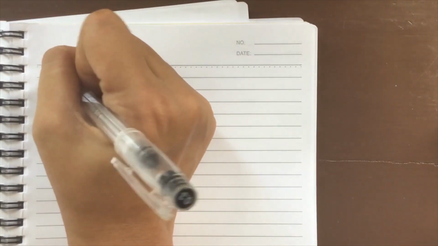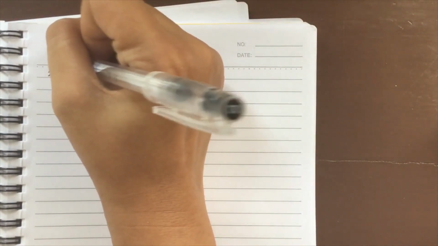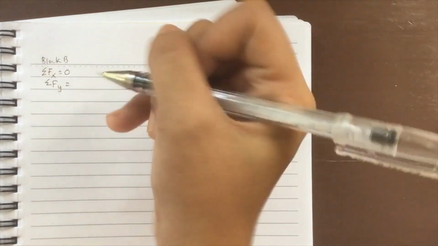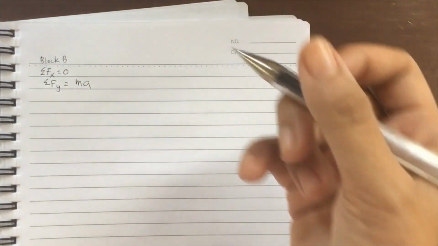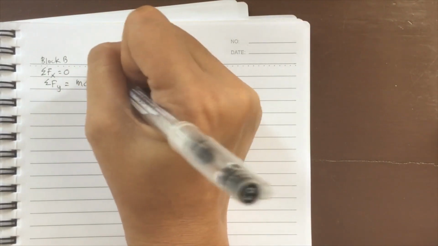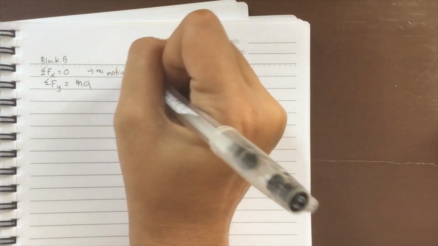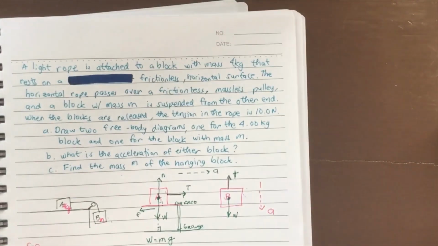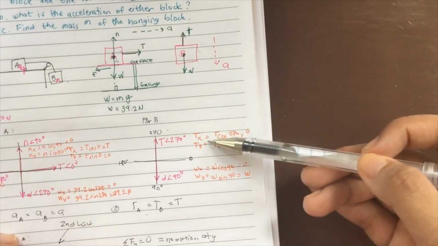So therefore, your summation of forces X is equivalent to 0 for your block B, but your summation of forces Y is equivalent to MA, because again, you have no motion at X. So you have now Ty and then Wy.